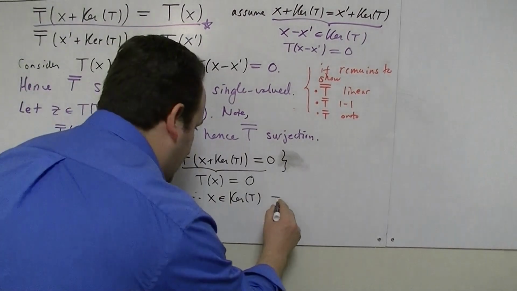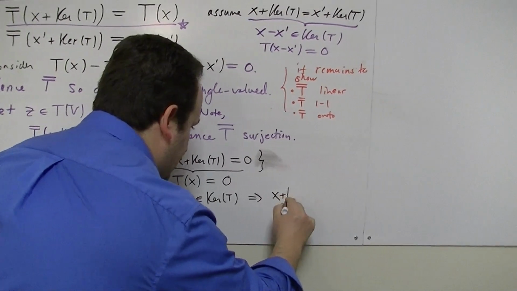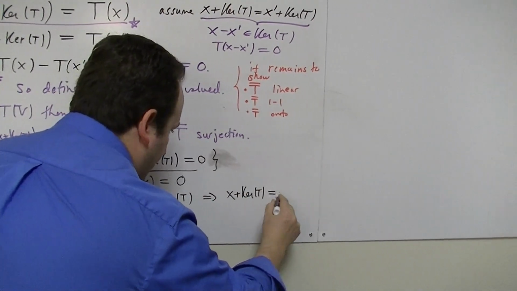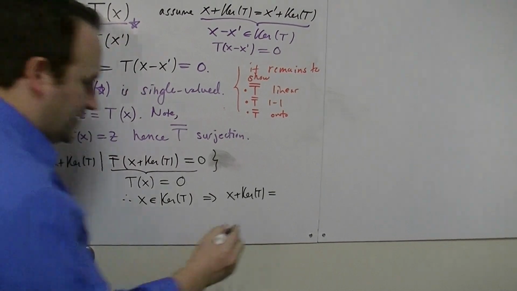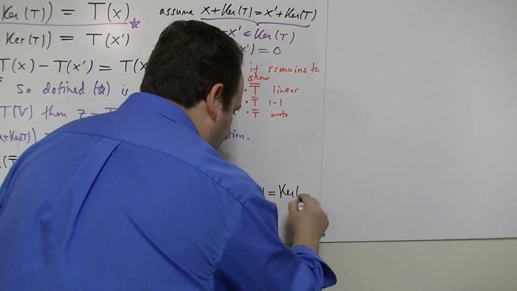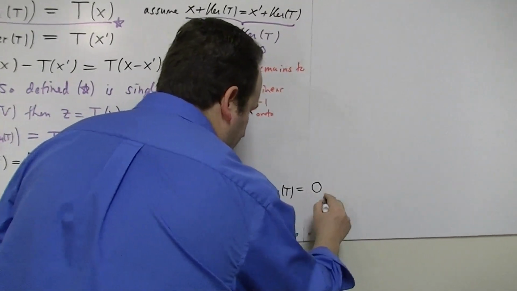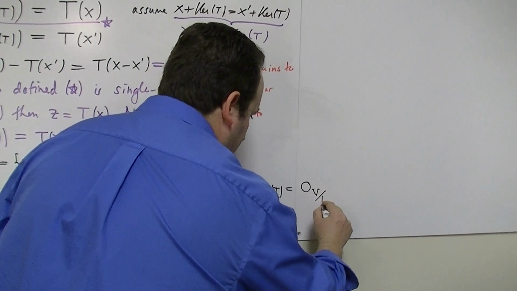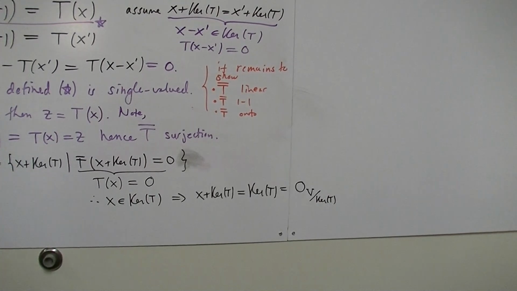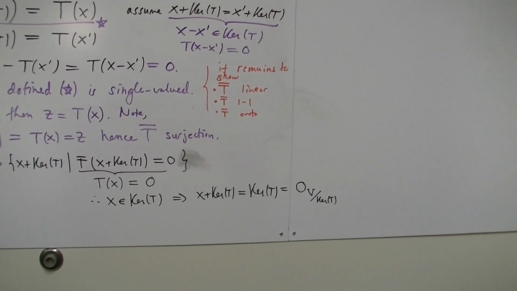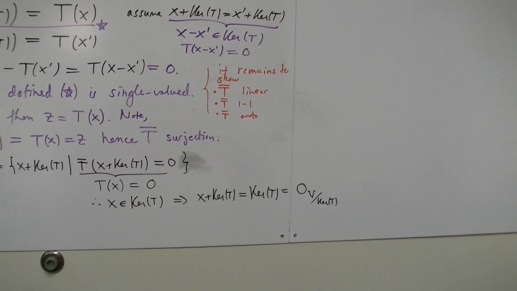Which then tells me that X plus kernel T is equal to what? Zero? I mean, there are different ways we could go with it. It's equal to the kernel of T again, right? Which is, by the way, the 0 in V mod the kernel of T, right? So the point is, yes, the kernel is just the 0 in the domain, therefore the function's 1-to-1.